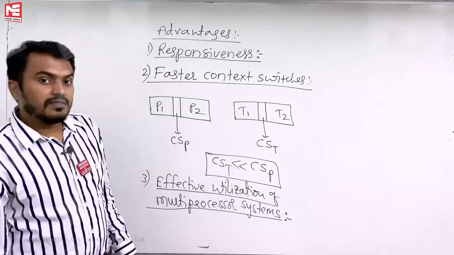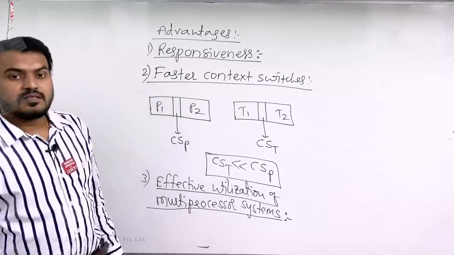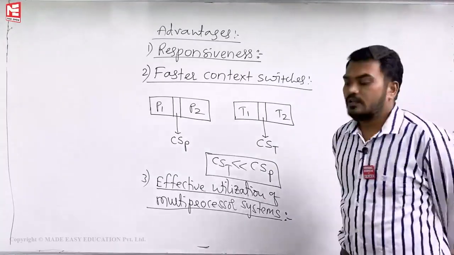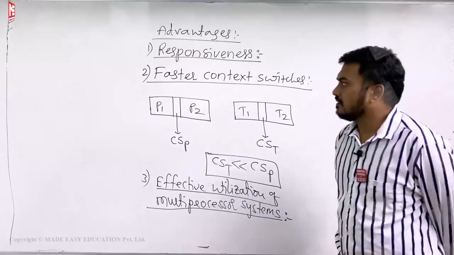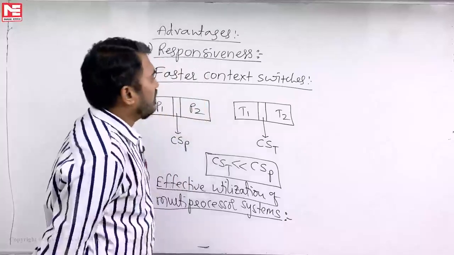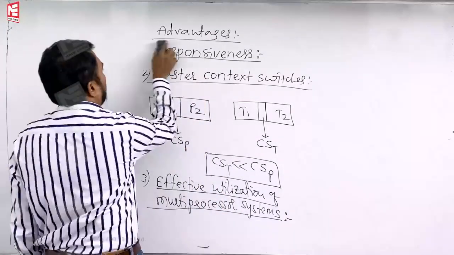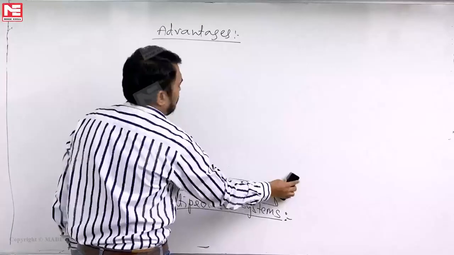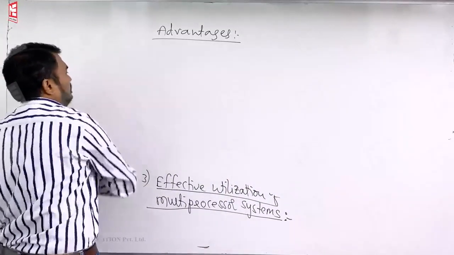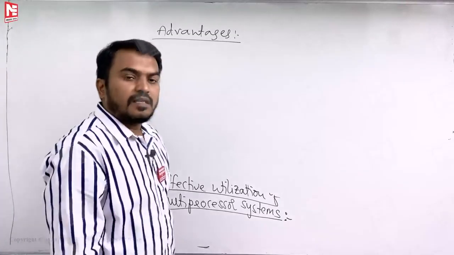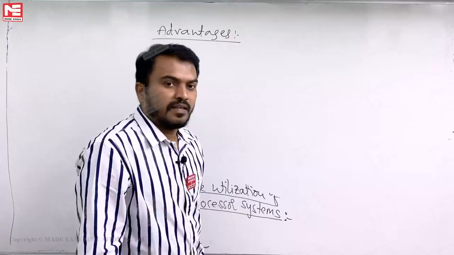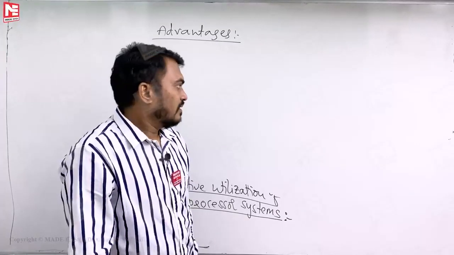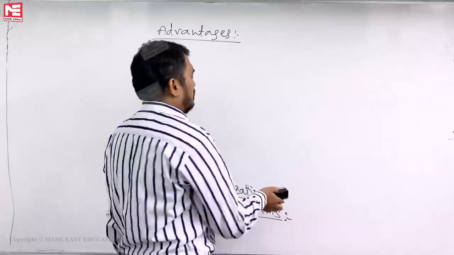If the process is divided into multiple threads, then different threads can be scheduled onto different processors, so that process execution will be faster.